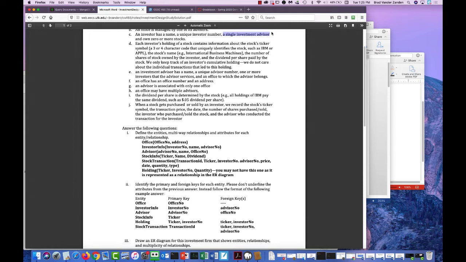It doesn't say they can have zero. It doesn't say they can have many. It says a single investment advisor, which means that it is a minimum of one and a maximum of one. It's a one-to-one, a 1..1, minimum of one, maximum of one.